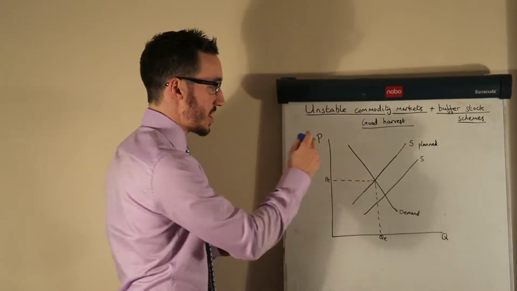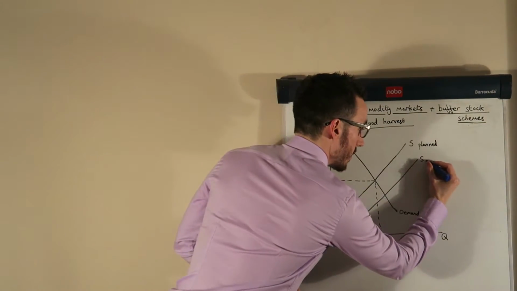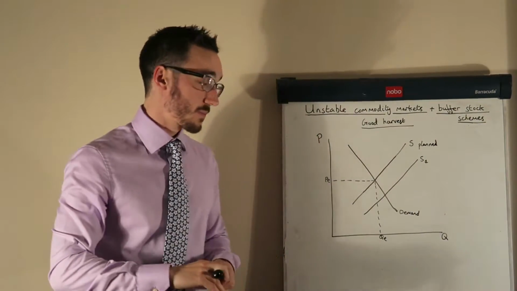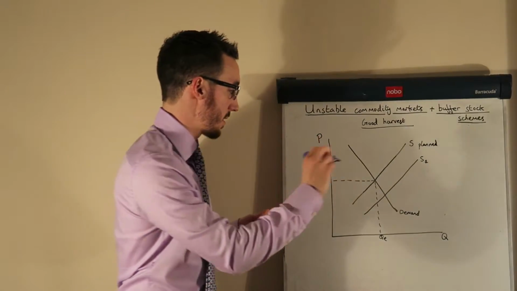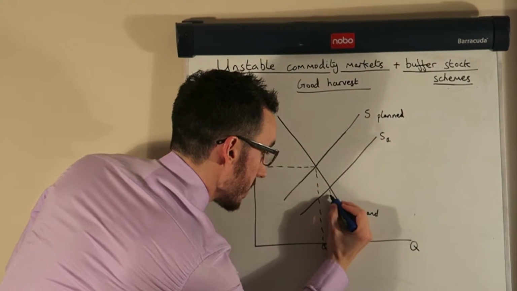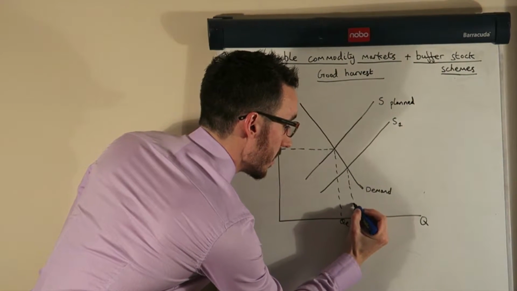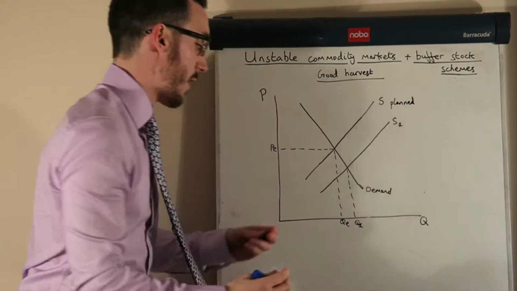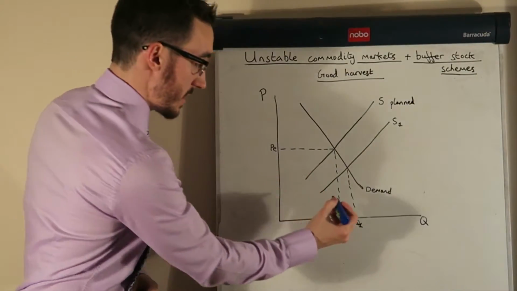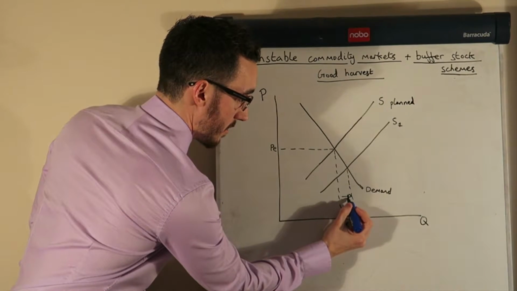So supply is actually shifted out to the right. Supply one. So what we see as a farmer and as a market for wheat, a good harvest has meant that the quantity that the farmer has got has increased by this amount here.